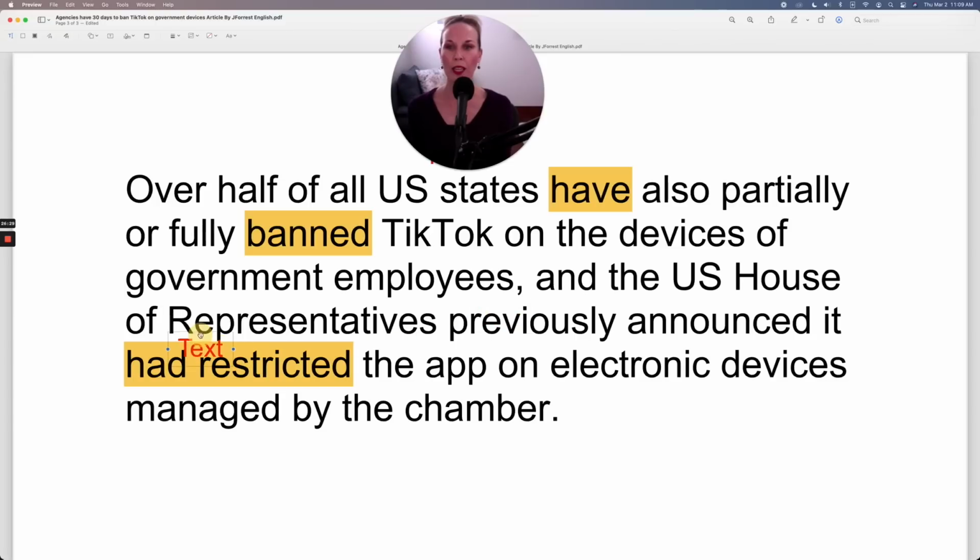Now past perfect, we use this for a past action that happens before another past action. So first, it restricted the app on electronic devices, and then it banned the app. So restrictions happened first, and then the ban came. It had restricted the app.